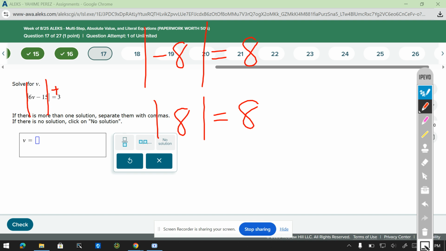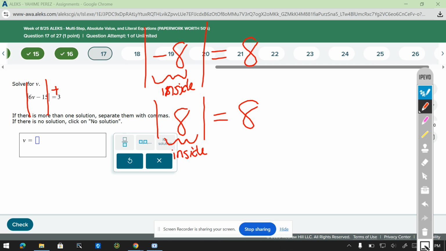That's possible. However, what's inside of the absolute value can be either positive or negative.